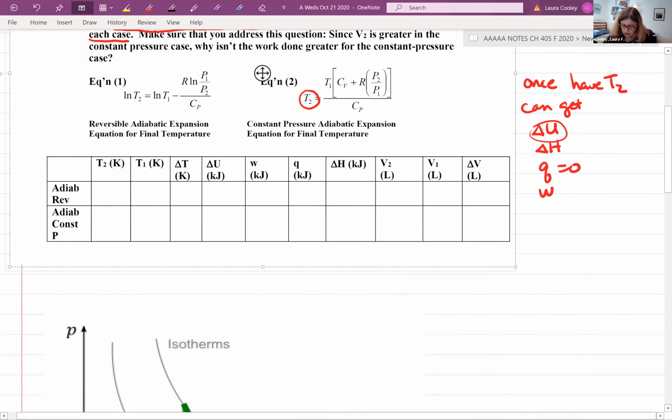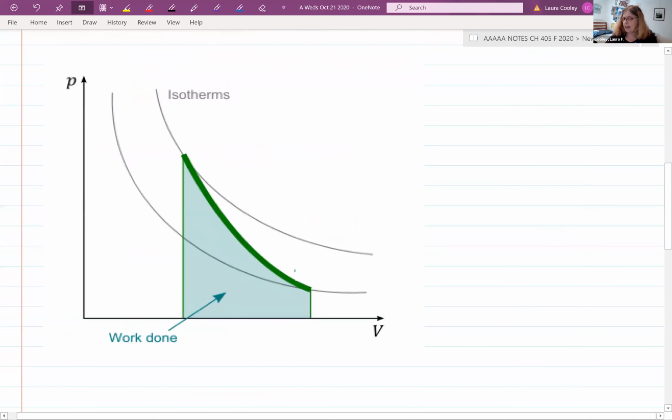What this graph is going to look like, at least for the adiabatic reversible case, is you're going to start at a higher temperature, and you'll have a P, a V, and a T, and you're going to move from one isotherm to another. So this is a lower temperature. If this is your final pressure, you won't go along this isotherm. That would be an isothermal expansion. You would actually go from one isotherm to another, and you'll end up at a certain volume, V2.